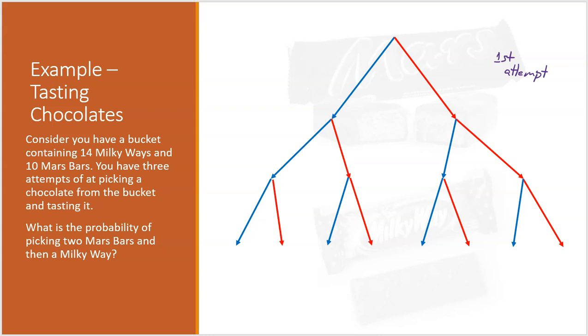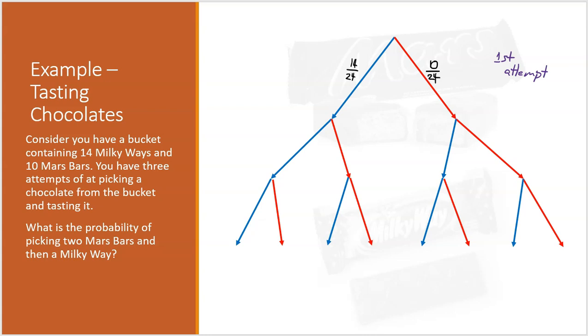So to pick a Milky Way, it's going to be a chance of 14 over 24: the amount of Milky Ways in the bucket, divided by the amount of Milky Ways plus the Mars bars, which is 24. And conversely, picking the Mars bar, there are 10 Mars bars in the bucket, so it's a chance of 10 in 24.